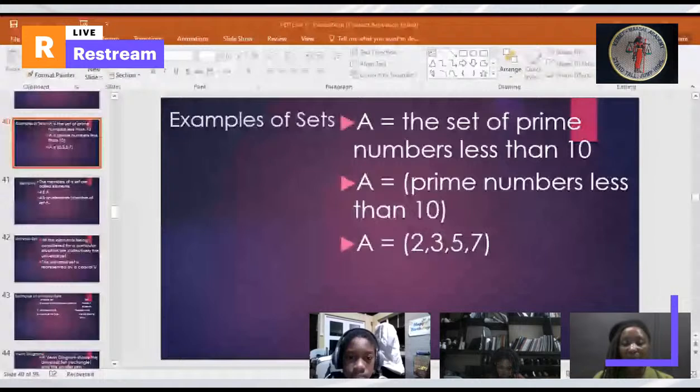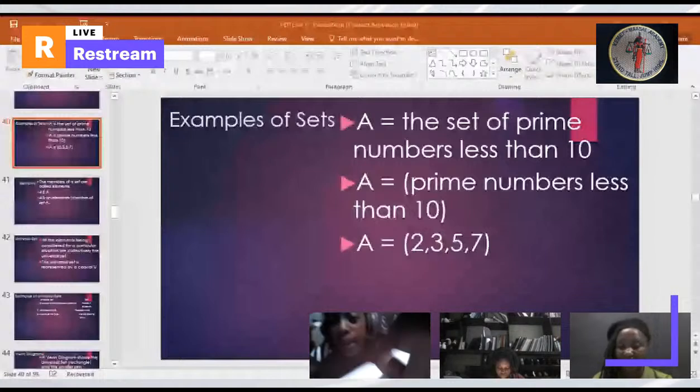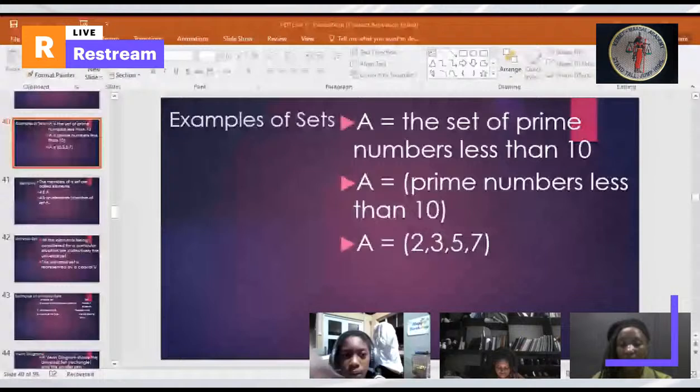Prime numbers less than 10, that's a description of the set. Or we can just write what the actual prime numbers less than 10 are. So we'd put set A equals, put your curly brackets, 2, 3, 5, 7, close your brackets. Those are the prime numbers that are less than 10. So we're alternating.